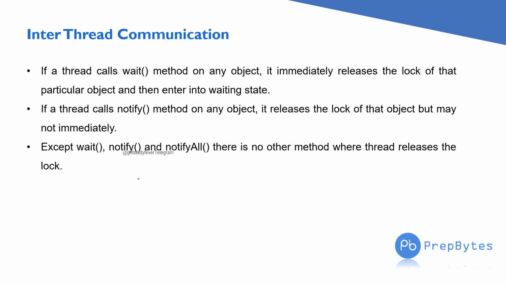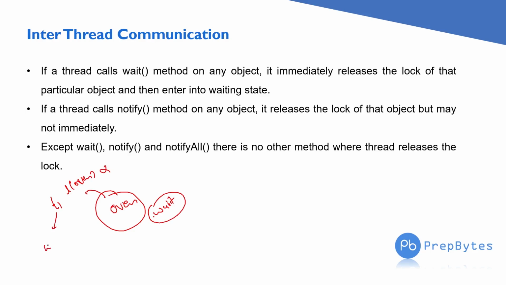Let's see these three points now. I have O1 and T1 needs to call the dot wait method on it. So it needs the lock of O1, correct? So it gets the lock of O1. As soon as it calls the wait method, it needs to release this lock and go to the waiting state.